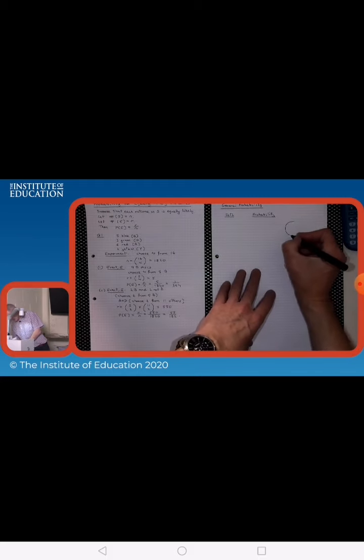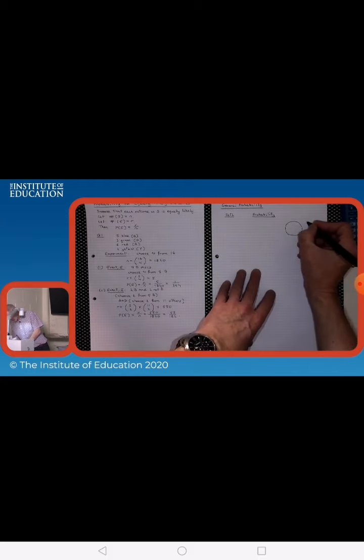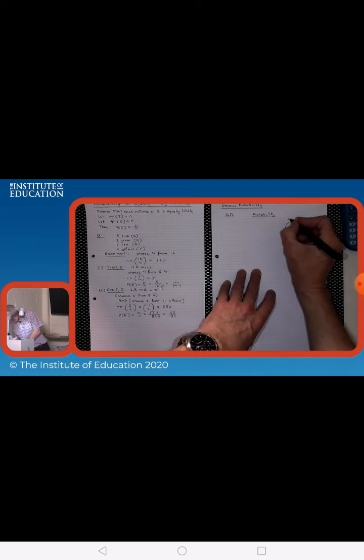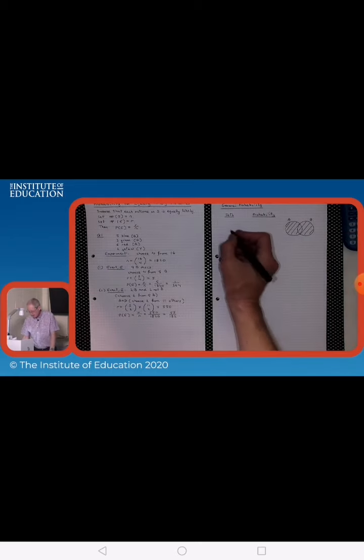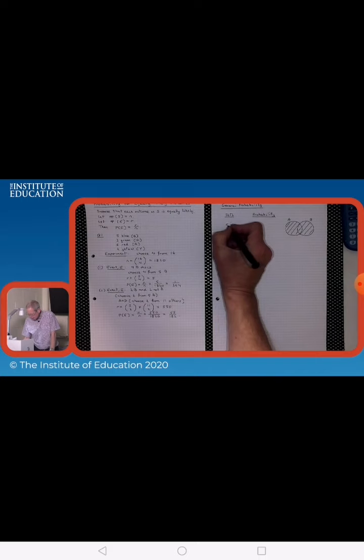First of all, let's suppose that we have 2 sets or 2 events, A and B. Now, on this Venn diagram on the side here, back at junior cert level, what name would you have given to that region there? Well, you would have called that region A union B, which is grand.